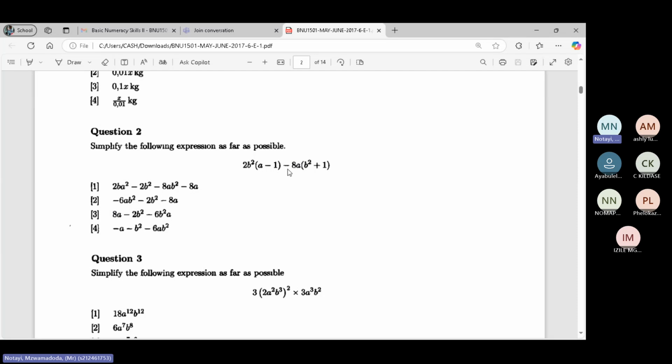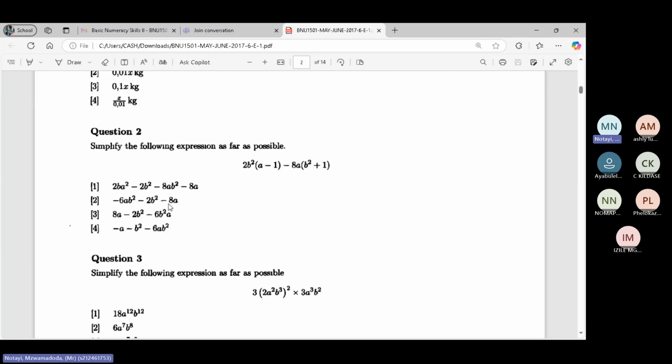And then I got a negative 8a. The second one also has a negative 8a. I got it when I multiplied the second bracket by negative 8a and 1, so negative 8a multiplied by 1 gave me negative 8a. So I'm still in the second option.